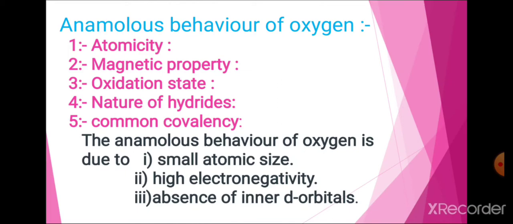The common covalency of oxygen is just 2. Oxygen usually forms 2 bonds, but in rare cases it is 4. In other members of group 16, covalency can be 4 or more than 4. These are some of the anomalous properties of oxygen.